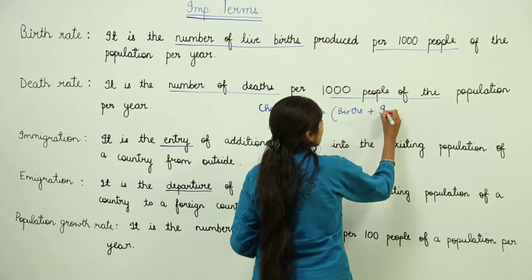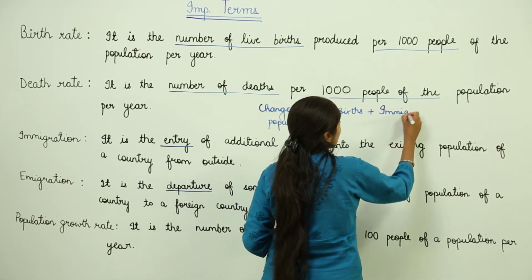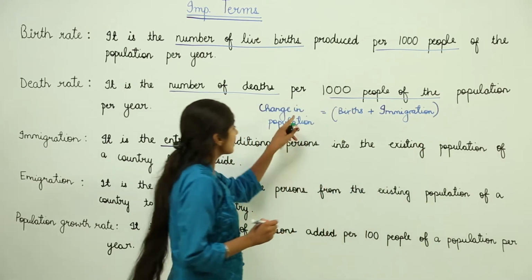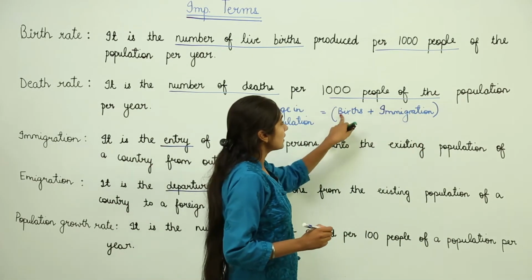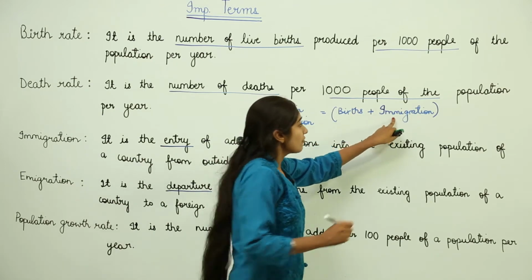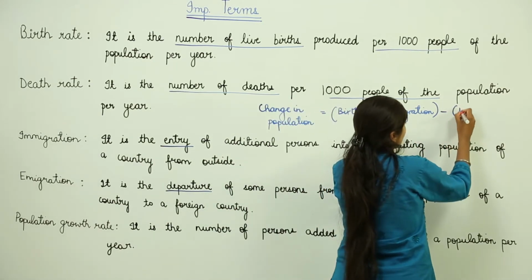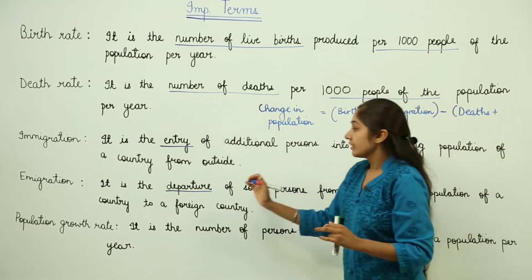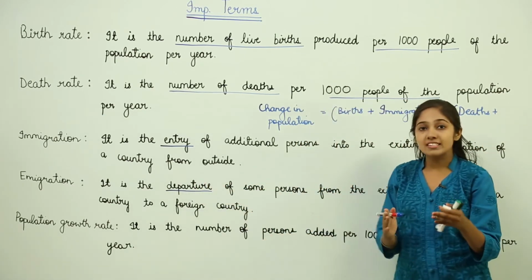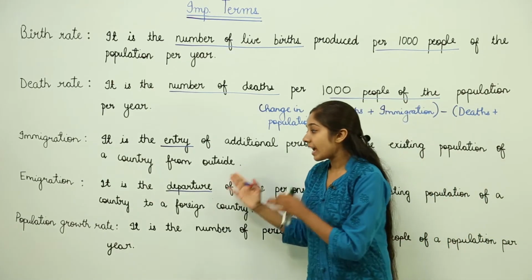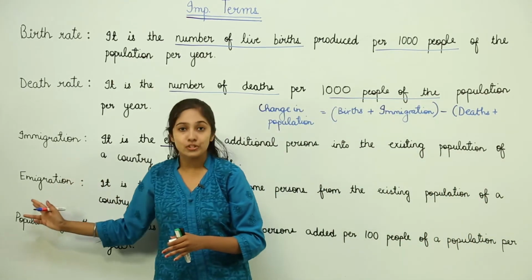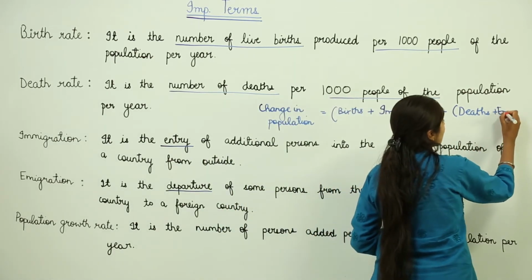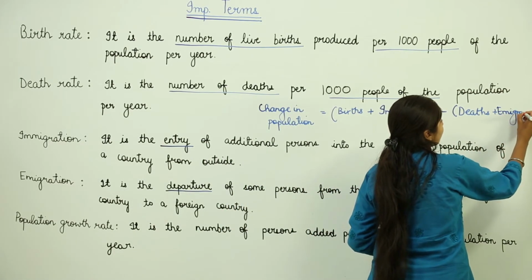So, births plus immigration, but we are going to subtract deaths plus the persons who have departed from a country, and that we call emigration. It's deaths plus emigration.